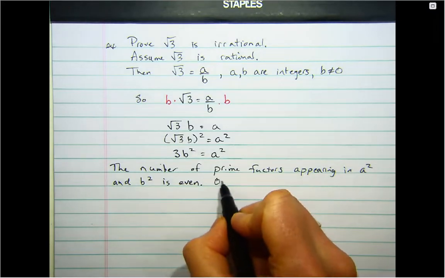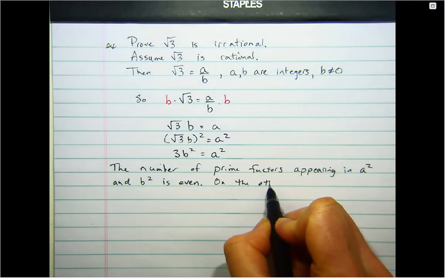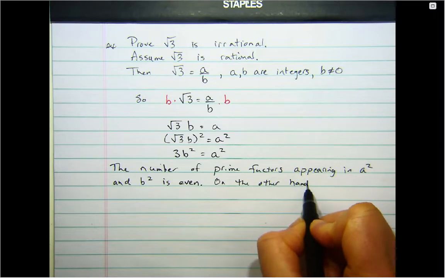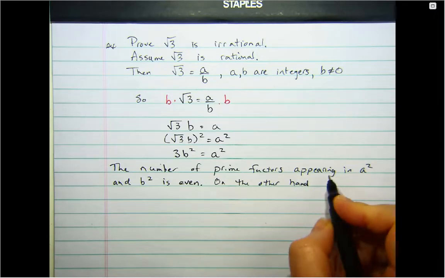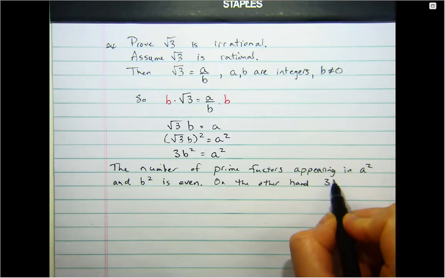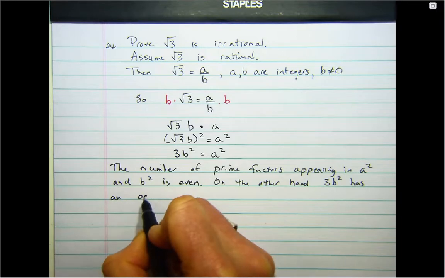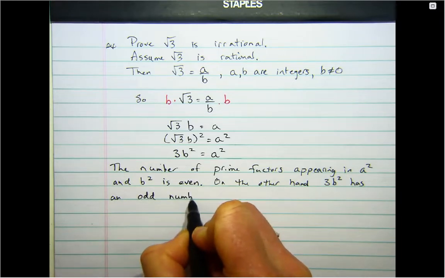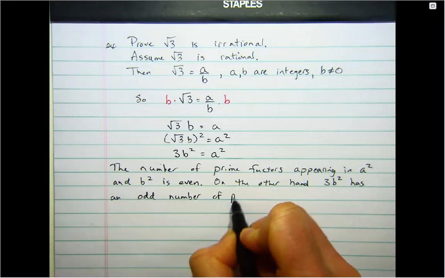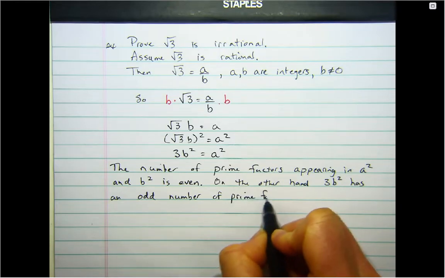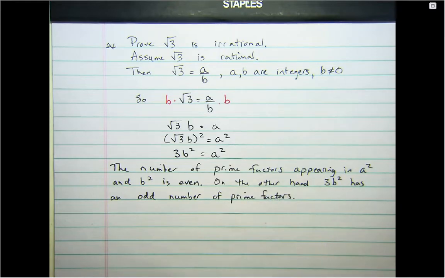On the other hand, 3b squared has an odd number of prime factors.